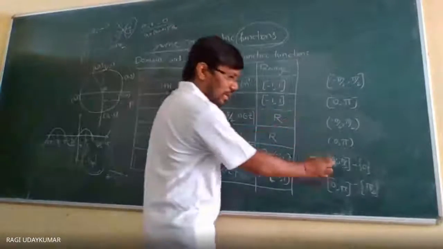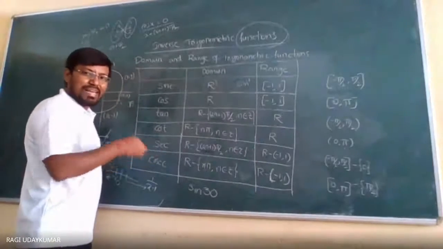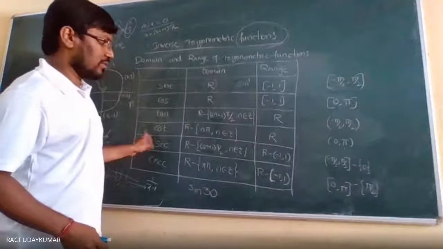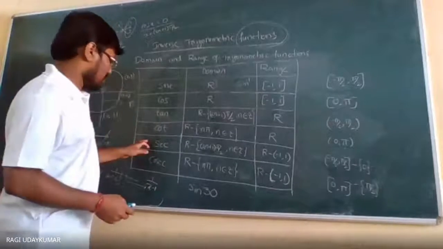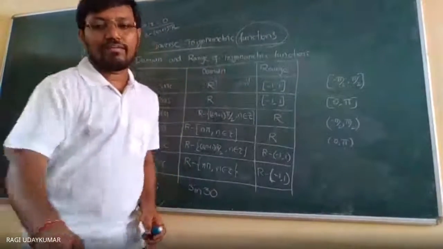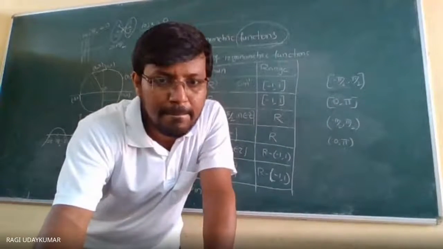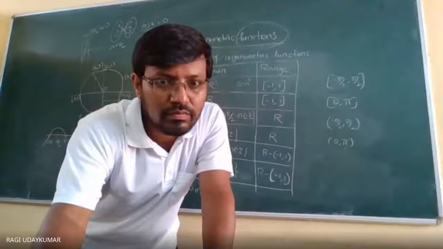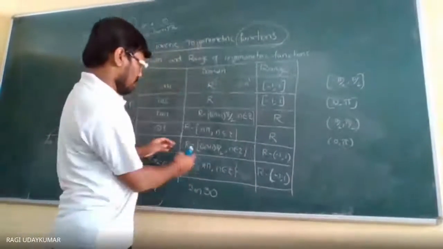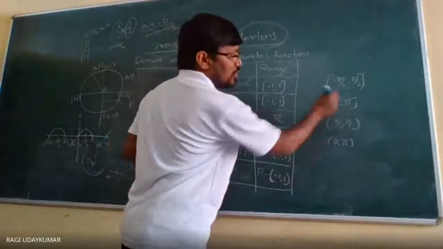In the same way, the secant function is nothing but 1 by cos. Sorry, here I have written wrong. For the secant function, secant is nothing but 1 by cos, so for cos the range is 0 to pi.